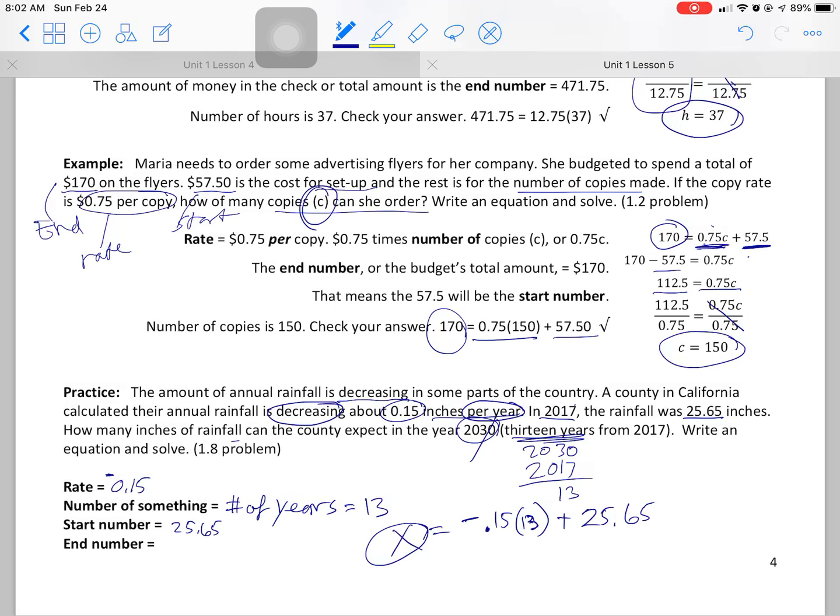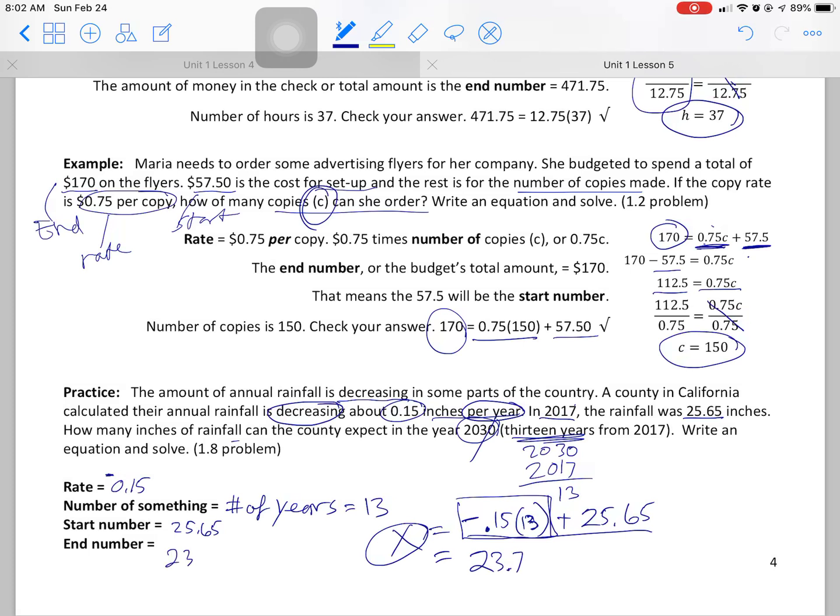So in this case, our x, we can put an x there, or you can just leave a blank there, or a question mark there. What is all this here equal to? Well, I need to do this first. Plus the other. I don't think I separated it out. So that's going to come to 23.7 inches per year.